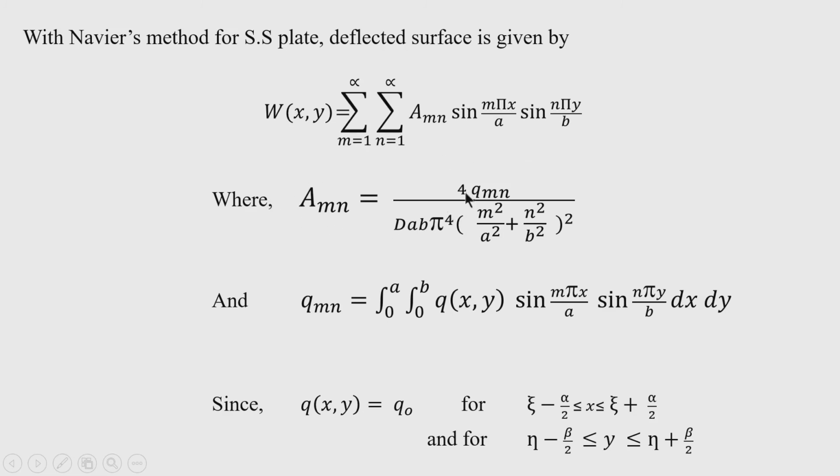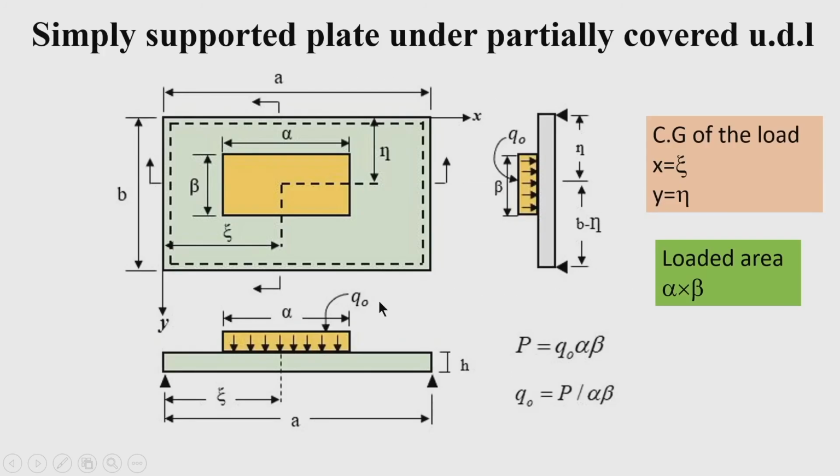Amn is this parameter: 4 qmn divided by D a b pi to the power 4 into (m square by a square plus n square by b square) whole square. Qmn here will be different, because q is not a fully distributed, fully covered load. So, this q is now occupying a certain portion of the plate.